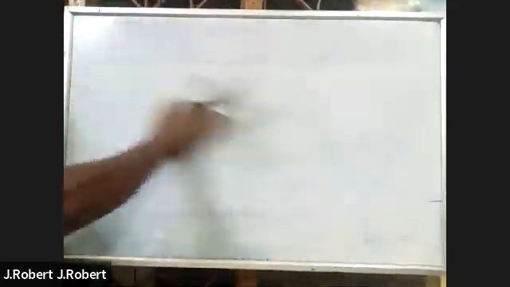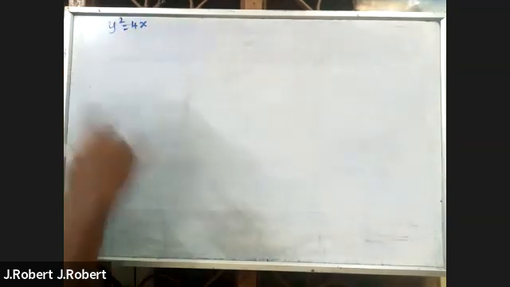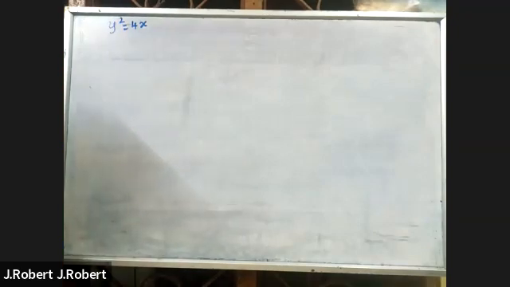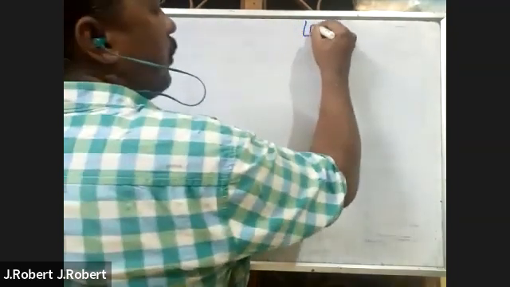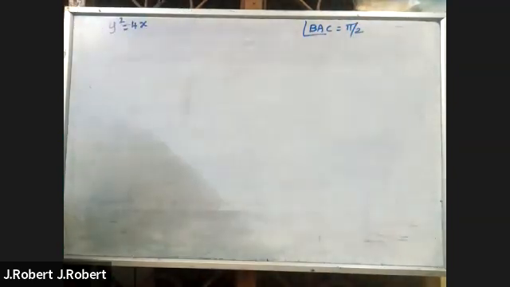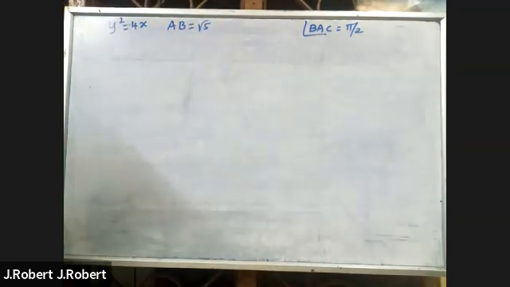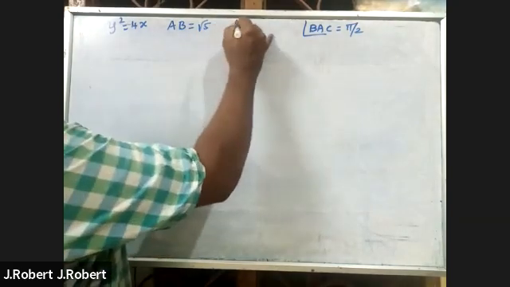A right angle triangle ABC is inscribed in a parabola y squared equals 4ax, where A is the vertex of the parabola, and angle BAC is pi by 2. If AB is equal to root 5, then find the area of the triangle ABC.